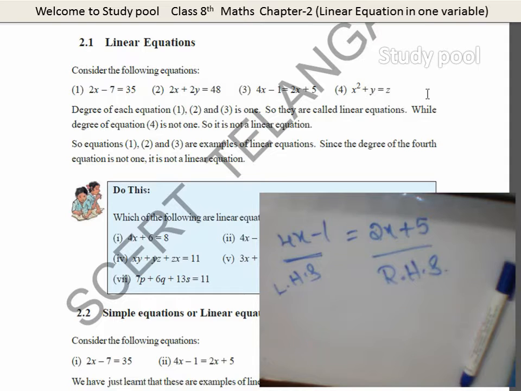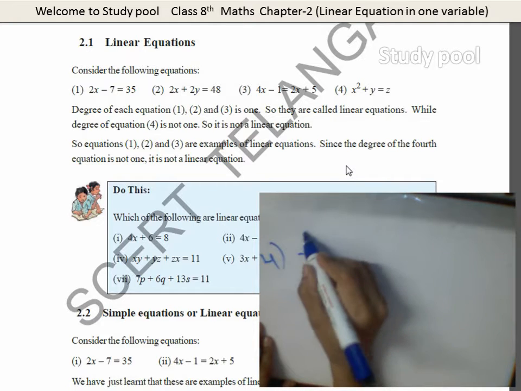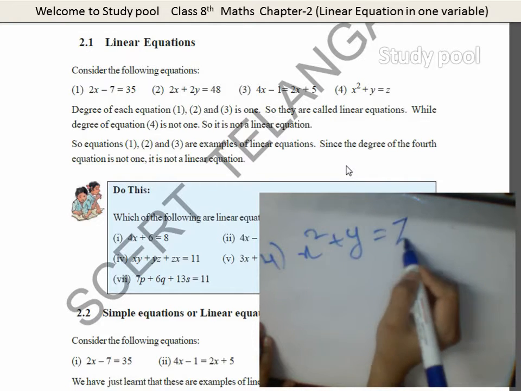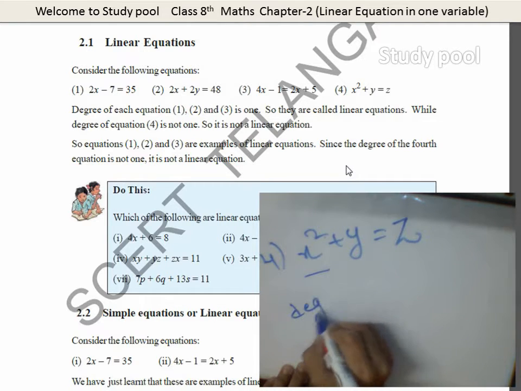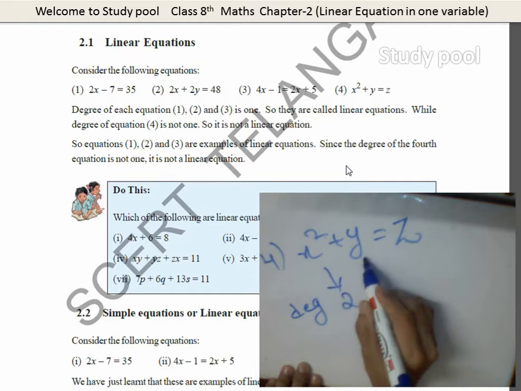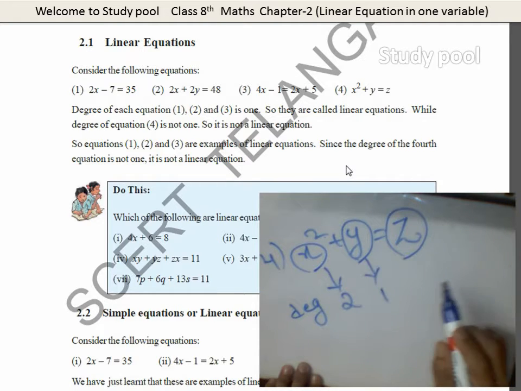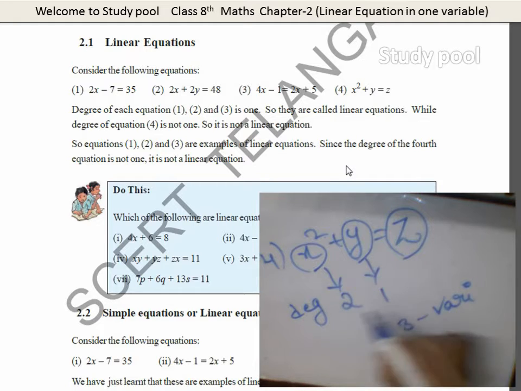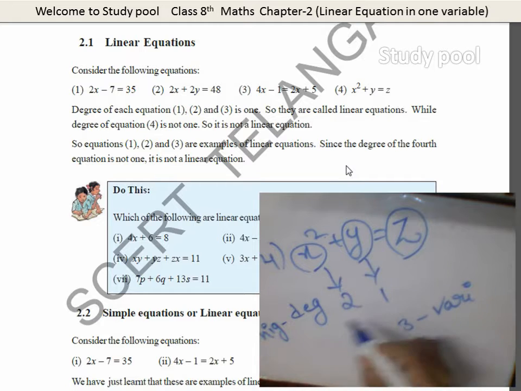And here see the fourth one, what is given: x square plus y is equal to z. First see here x square is there, so what will be the degree of this equation? Here this degree is 2 and here the degree is 1, and x, y, z, 3 variables are given, 3 variables are there, and the highest degree is 2.